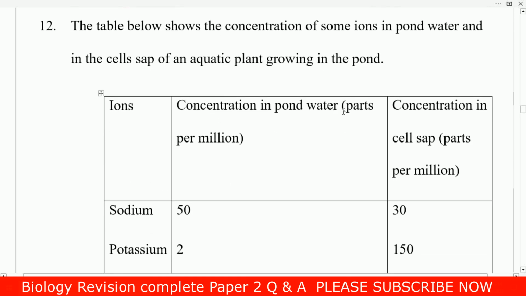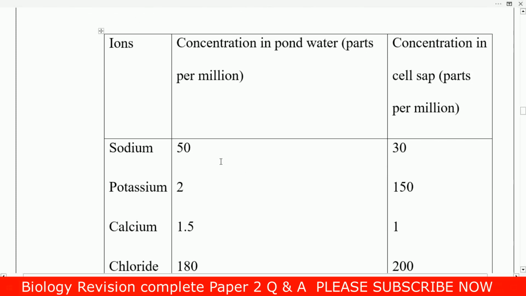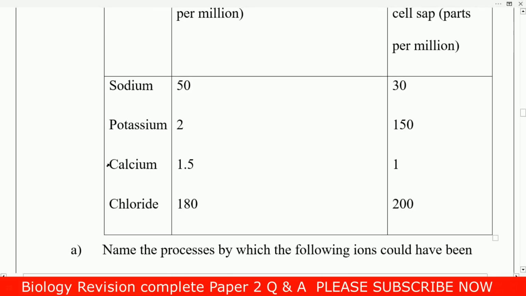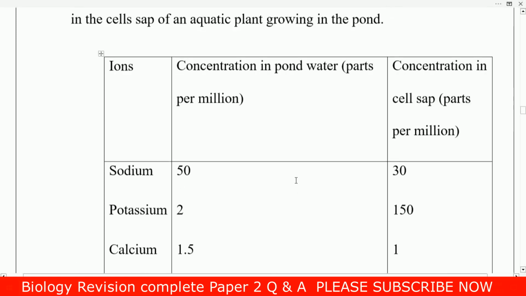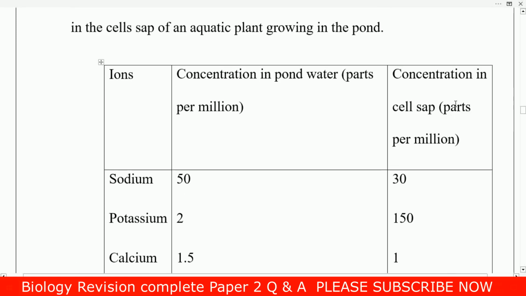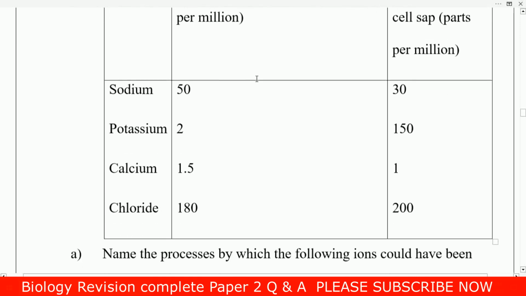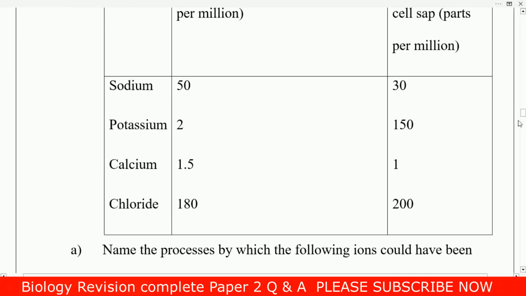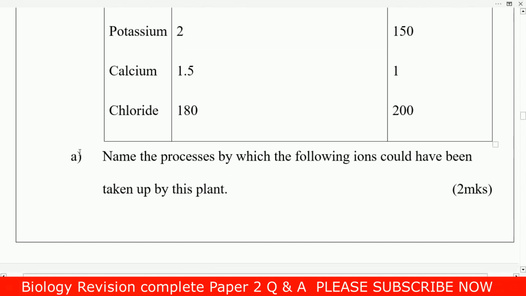We have concentration in pond water. This is how the concentration is in a pond water. Sodium is 50, potassium 2, calcium 1.5, chloride 180. In the cell sap, or in the plant, sodium is 30, potassium is 150, calcium is 1, chloride is 200.